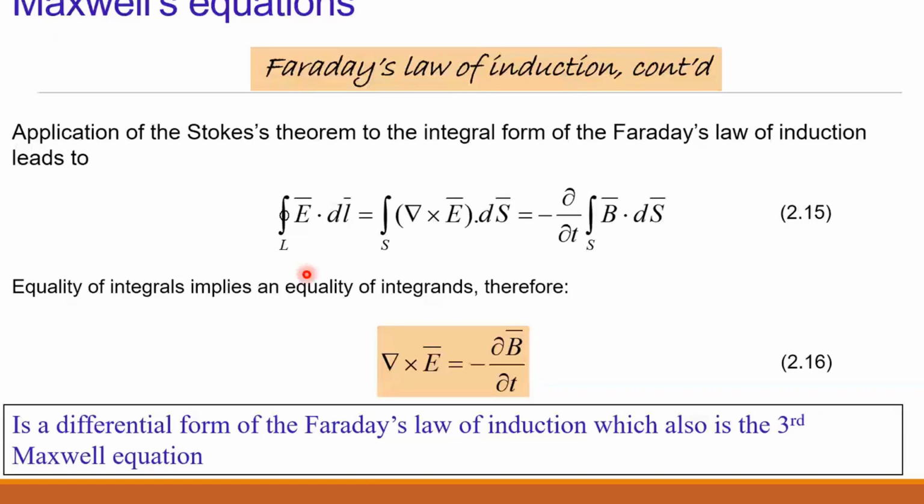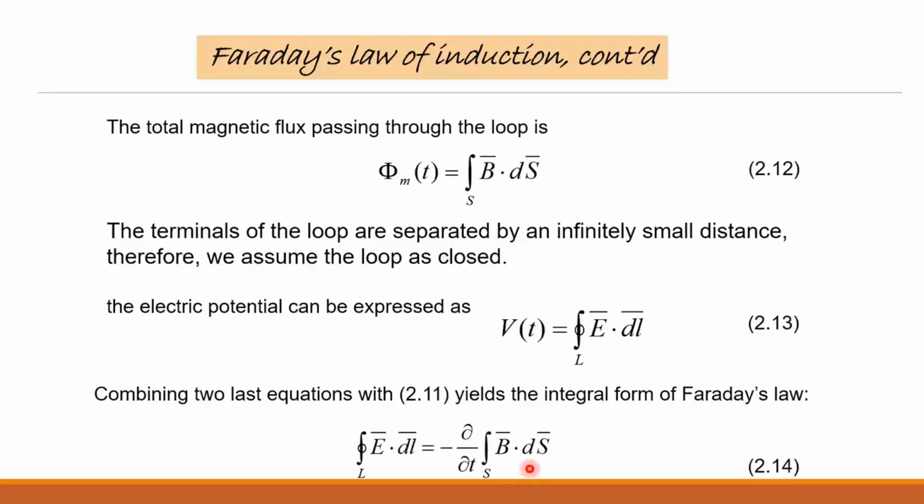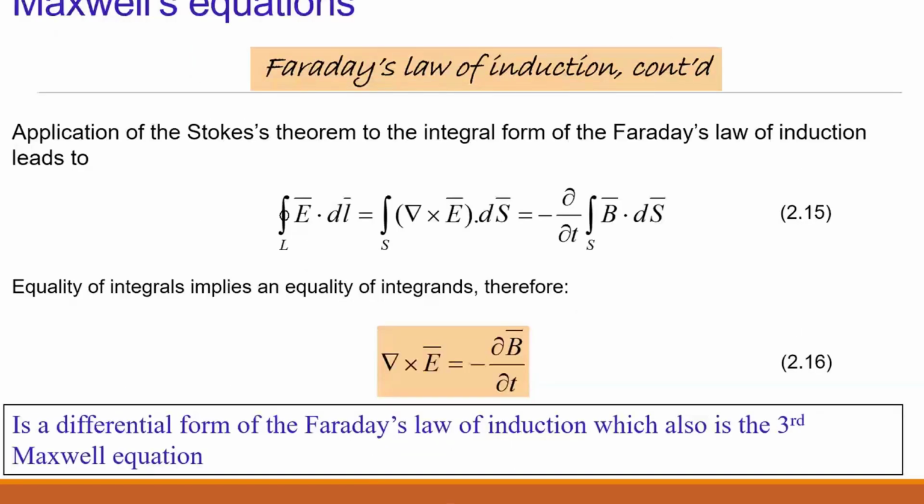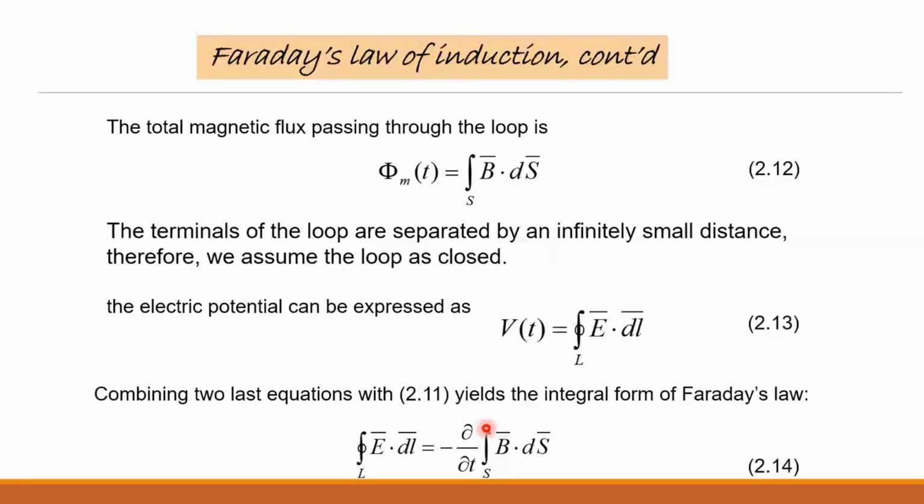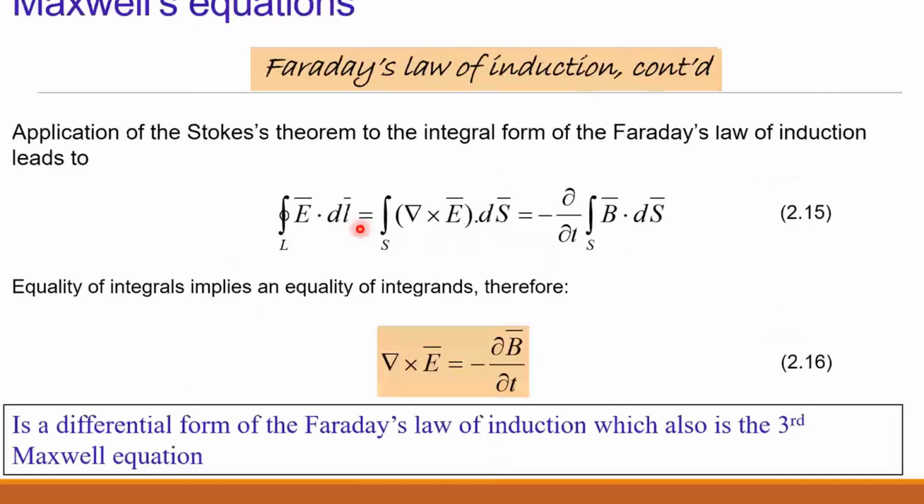Phi m is nothing but the surface integration of B bar dot ds bar. So from equations 2.13, 2.12 and 2.11, we got the closed integral of E bar dot dl bar equal to minus dou by dou t of the integral of B bar dot ds bar. So this is Faraday's law in integral form.